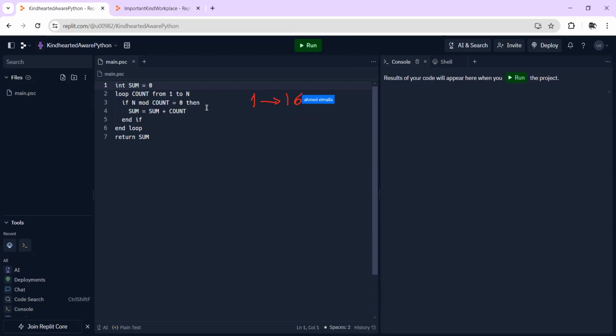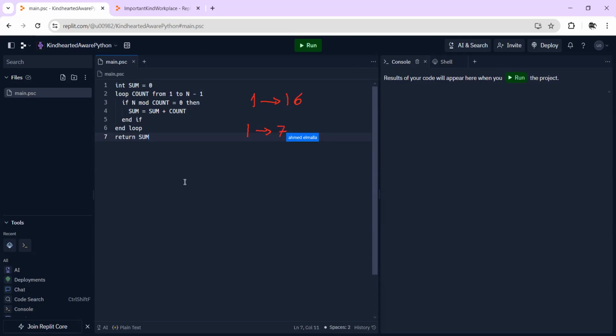So now think with me. If I'm looping from 1 to 16 and I say n mod count, right? That's what you're writing. So are you able to do some kind of an analysis for me? Forget about 1 until 7.